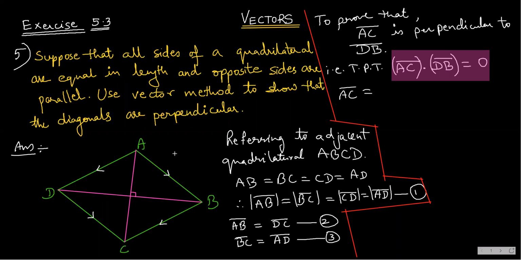Look at this vector AC bar from A to C. Now A to C is A to B, this vector, plus B to C. So I can say AC bar is equal to AB bar plus BC bar.